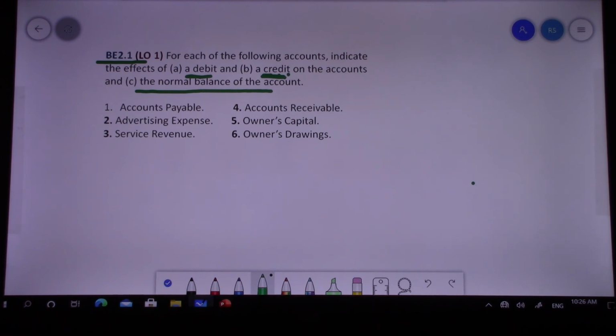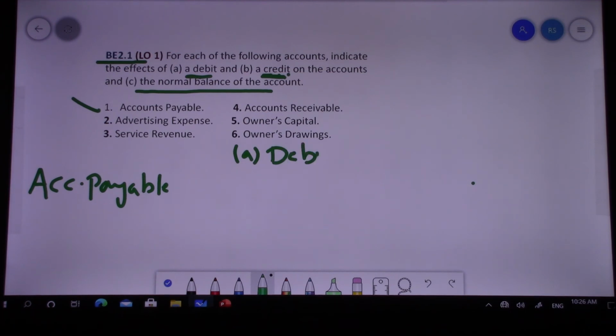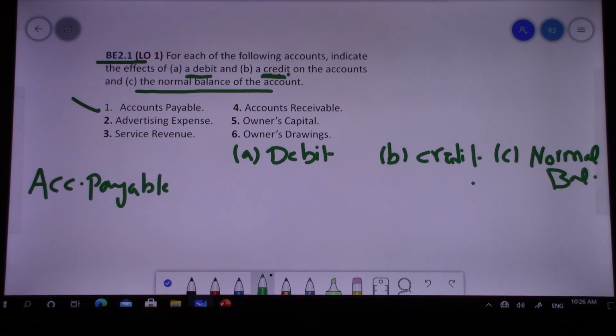Let's start with number 1, accounts payable. We have to state A, the effect of the debit, B, the effect of the credit, and C, the normal balance.